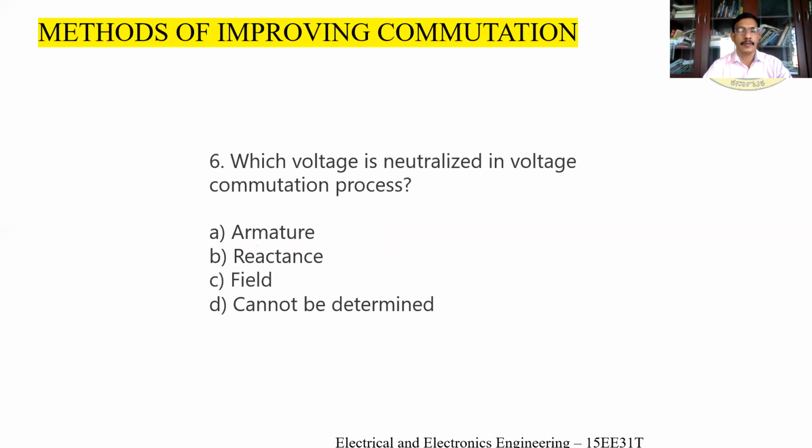Next question. Which voltage is neutralized in voltage commutation process? Options are A, armature, B, reactance, C, field, D, cannot be determined. So select the correct answer.